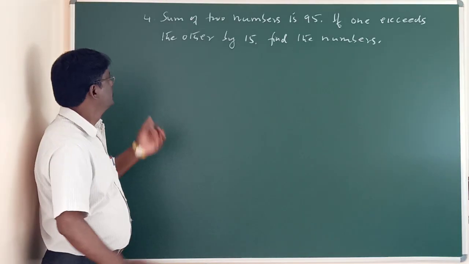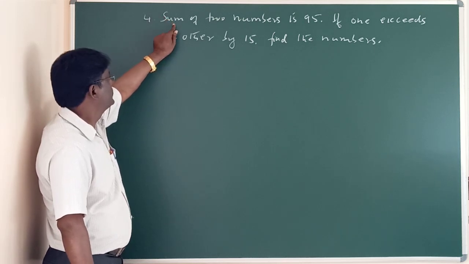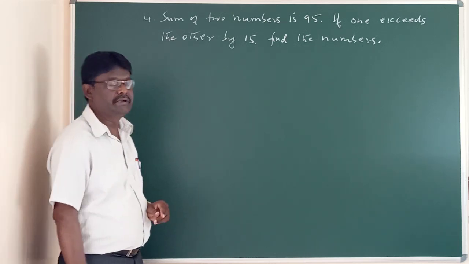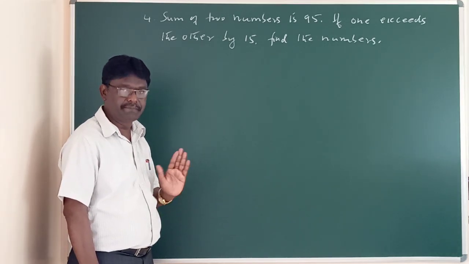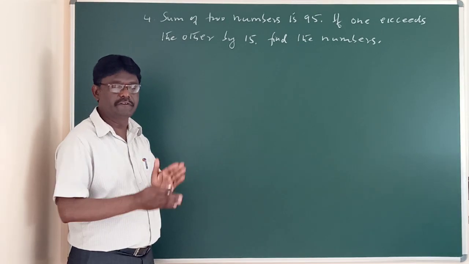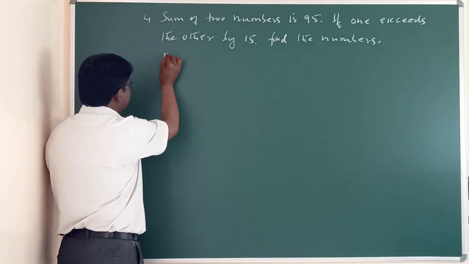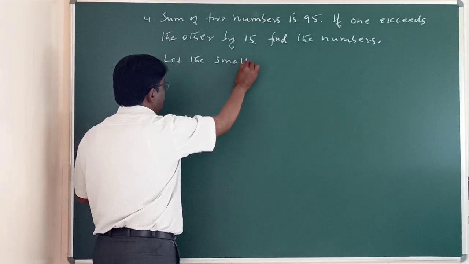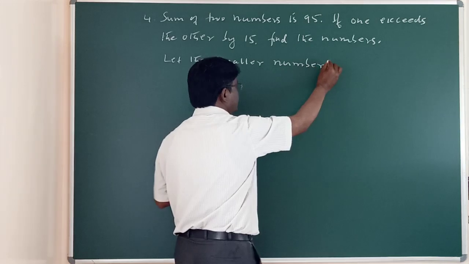Okay children, now in the fourth sum we have a statement like this: sum of two numbers is 95, if one exceeds the other by 15. When it is given like that, one exceeds the other means those two numbers are different. One is smaller, the other one is larger. Find the numbers. Hence, we shall start like this. Let the smaller number be x.